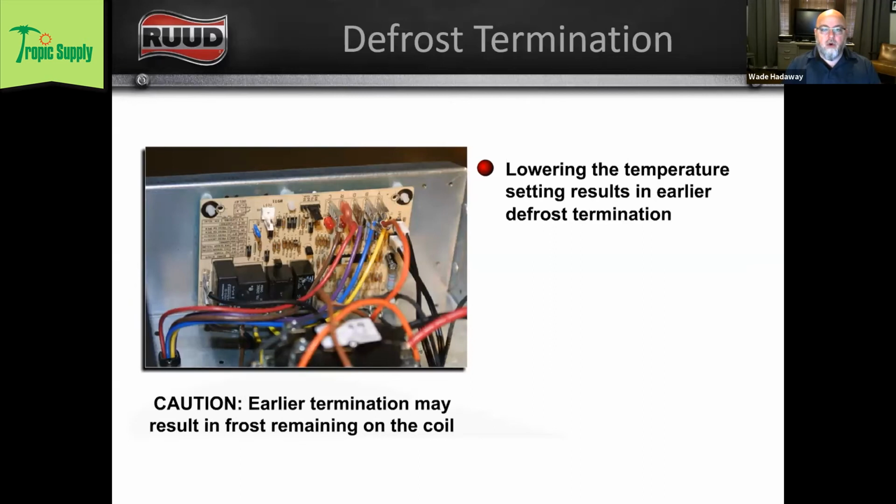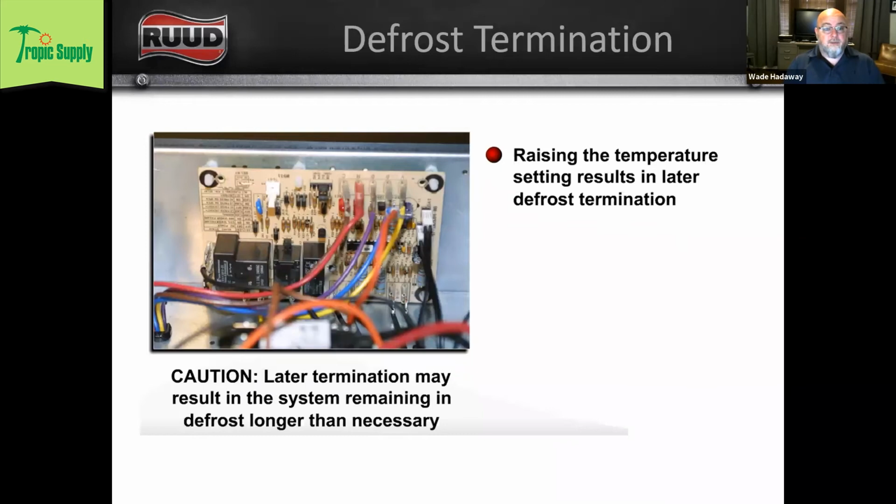So if you lower the defrost termination temp, let's say you lowered it to 50 degrees, it's very possible that you might come out of defrost before you have melted all the ice on that coil. So it will cause shorter defrost cycles, but you might come out of defrost before you've melted all the ice off of the coil.